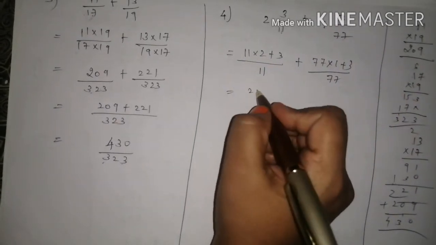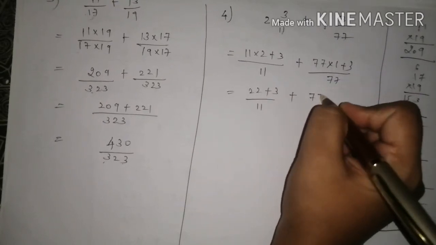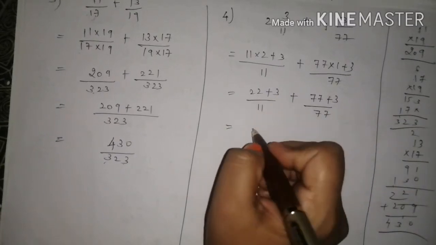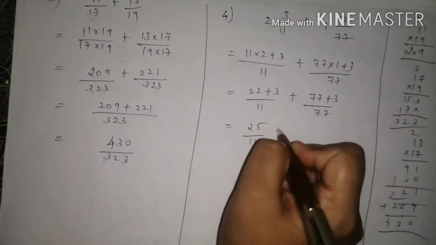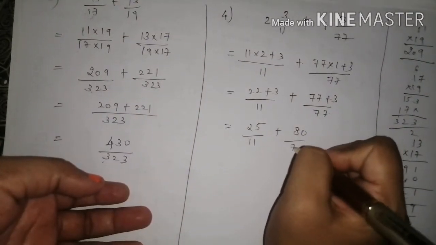Now 11 2s are 22 plus 3 upon 11 plus 77 1s is 77 plus 3 upon 77. So 22 plus 3 is 25 upon 11 plus 77 plus 3, 78, 79, 80, 80 upon 77.